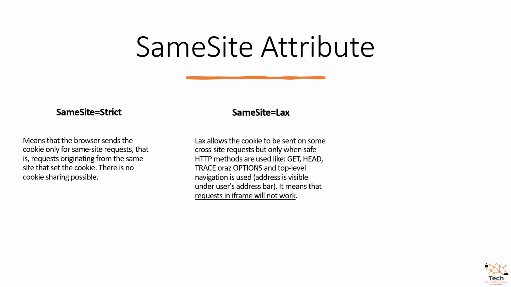It means that requests in an iframe will not work. It's very important because some people are surprised that even if they use a safe HTTP method like get and have same site lax configured and they use an iframe, they still cannot access the cookie. So it's very important to understand that with same site lax, you won't be able to access cookies from the iframe.